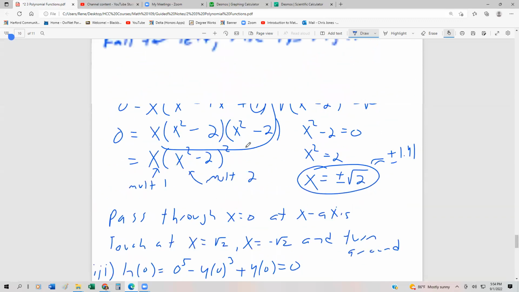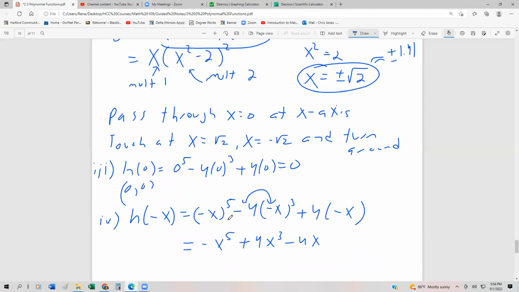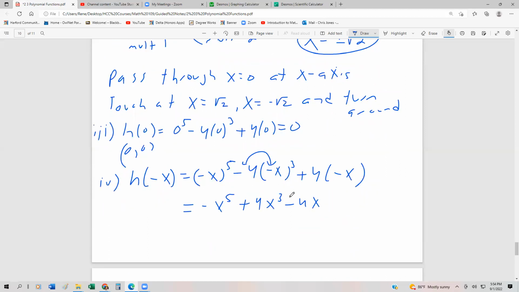And I want you to notice that every single term changed from the original. So this one went negative, this one went negative, this one went positive when we substituted negative x back in. Two things. That means that we have an odd function, and that also means that we have symmetry about the origin.